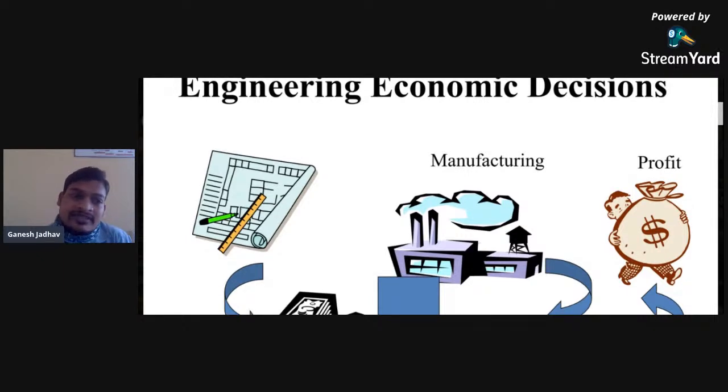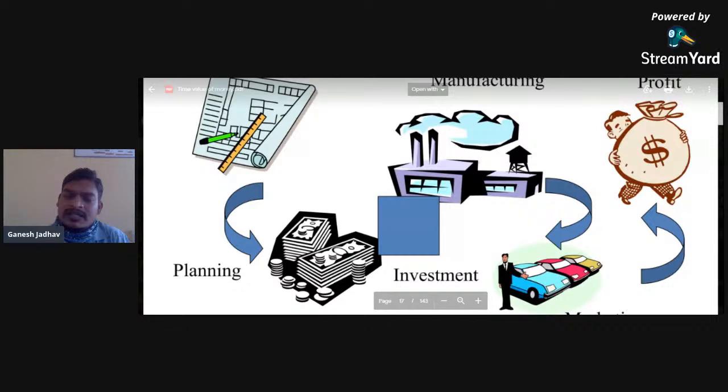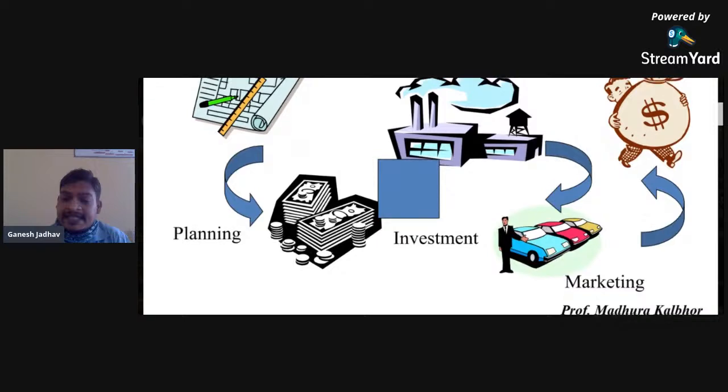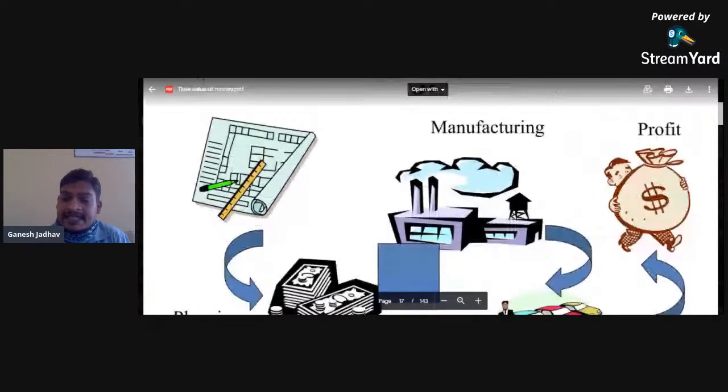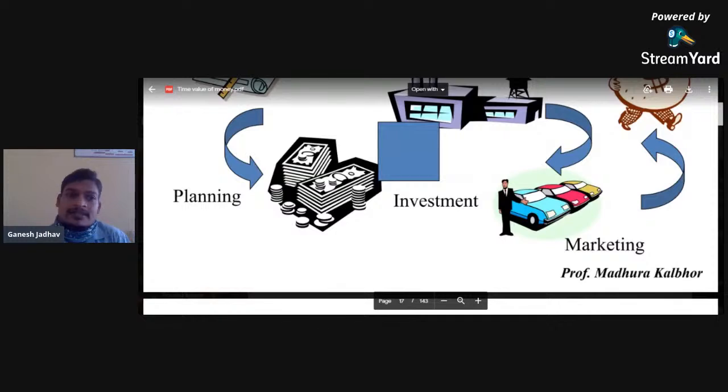So first we need to plan any organization. Then we need the investment, money investment, for manufacturing of the product. And from the selling of that product we get a number of profits through the marketing. So this is the engineering economical decision.